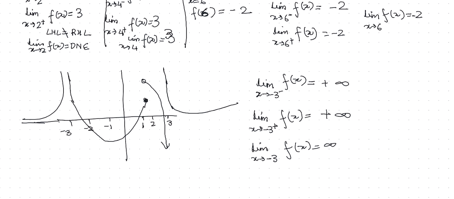Whereas if we see what is happening at +3, we see that limit x tends to 3, negative side, it is approaching a value of negative infinity.